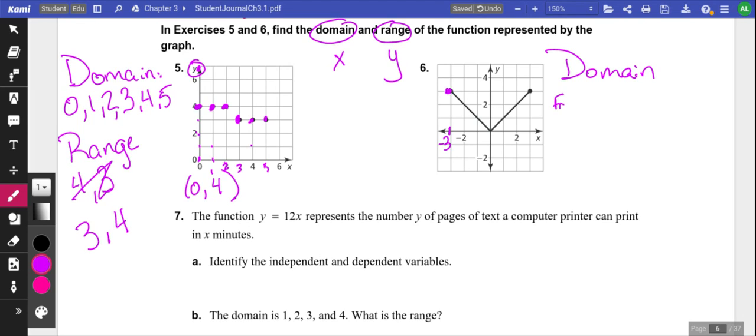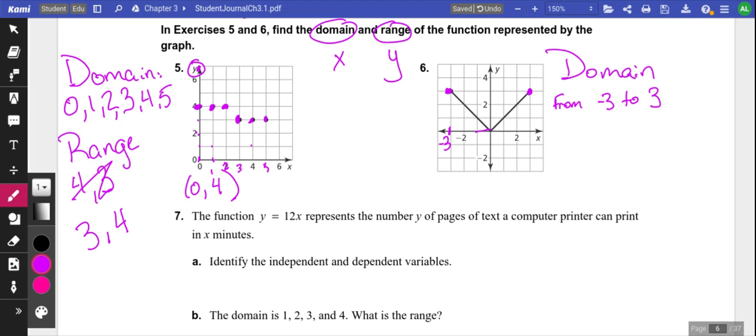So I say from -3, and then I go all the way over here, all the way on my right, I have +3. So when I have all these separate dots, I say 1, 2, 3, 4, 5, all these separate points. Here, I go all the way from -3 to +3.